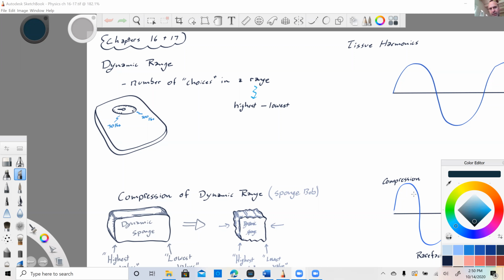The example they give in the book, I think is pretty good, so I went ahead and used it, is a number of choices in a range, from highest to lowest. And there are choices within that range, which are easily seen. But there are other choices towards the periphery that may or may not be well imaged, recorded.